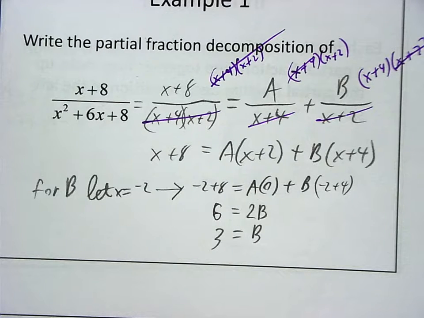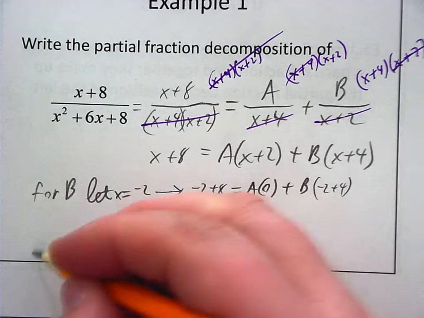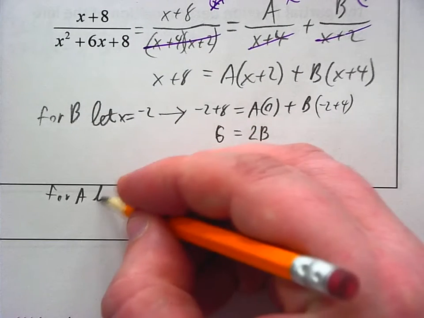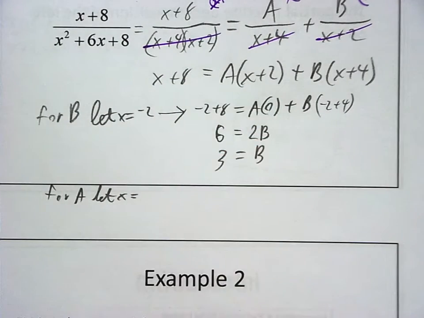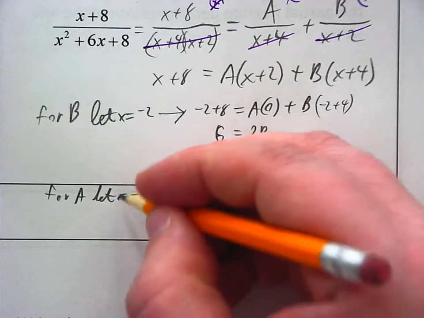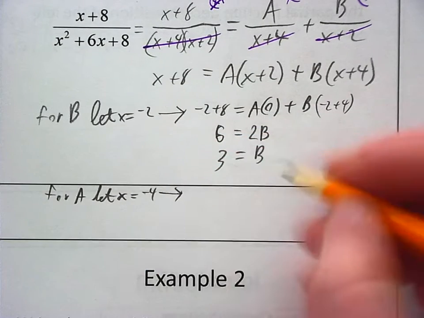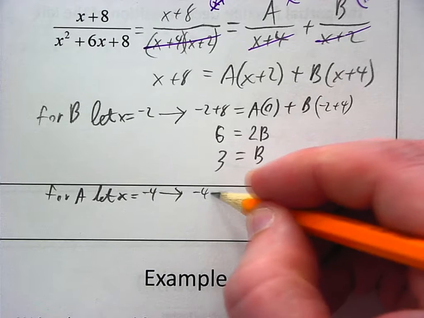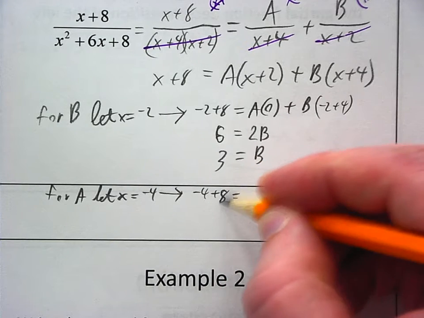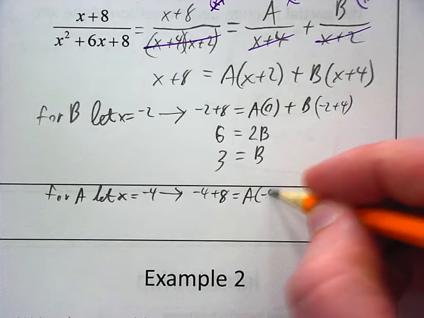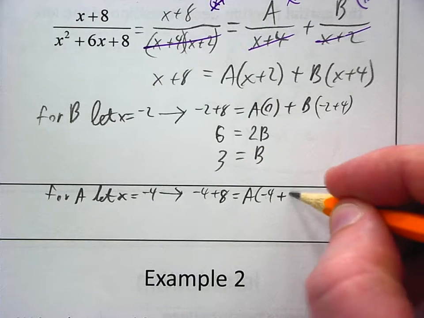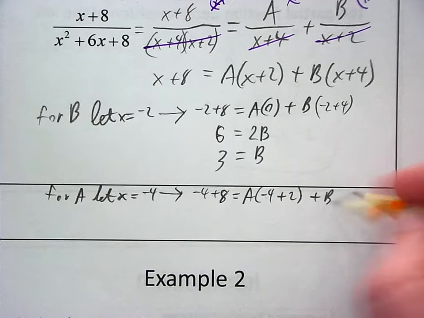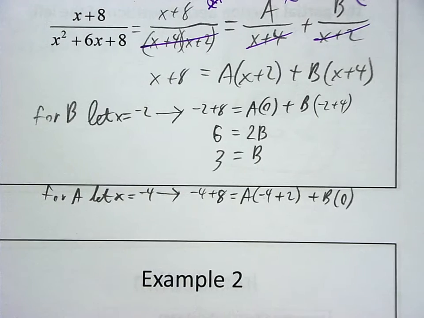Okay. Now I still need a. If I want to find a, what would I let x equal? Negative 4. So if I do negative 4 plus 8 and a times negative 4 plus 2 plus b times nothing.